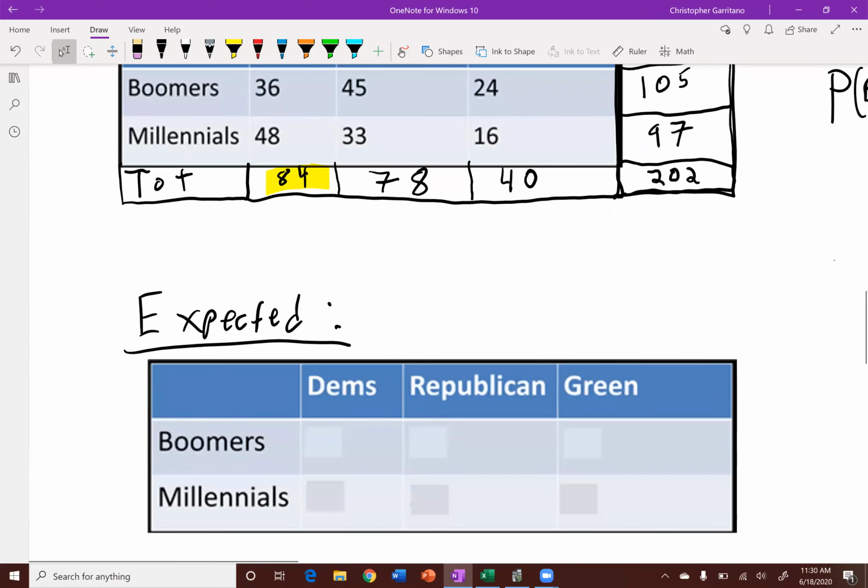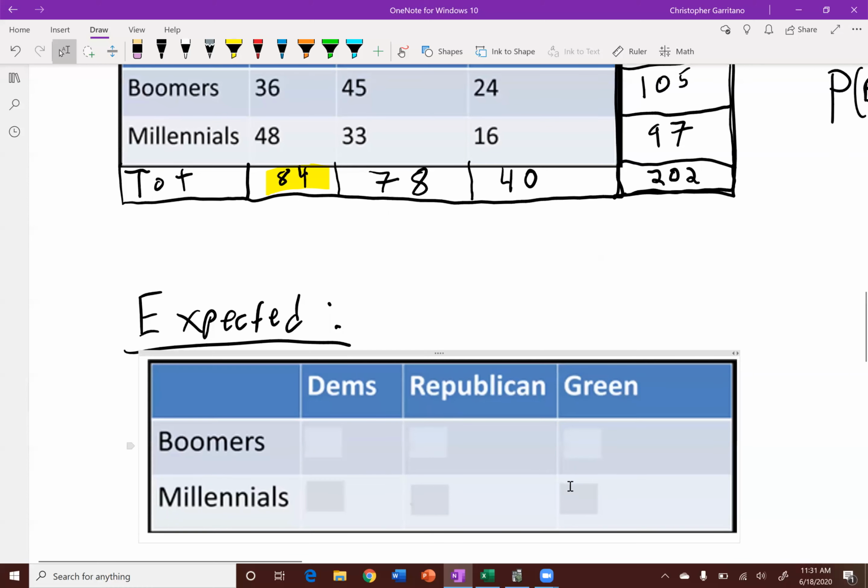Because I should expect that 52% of Democrats are boomers, and I should expect that 48% of Democrats are millennials, because we are assuming independence of these variables. So as we move from Democrat to Republican to Green Party, the proportion of boomers should remain consistent, again because we're assuming independence between these two variables.